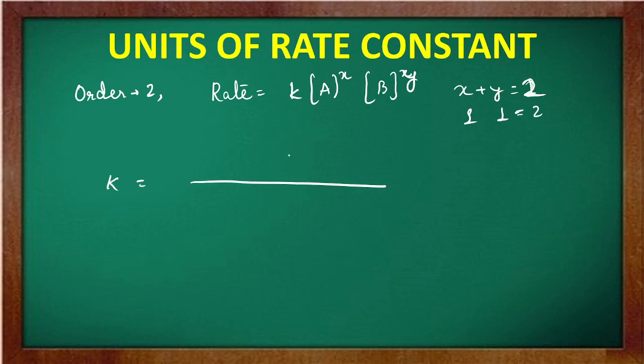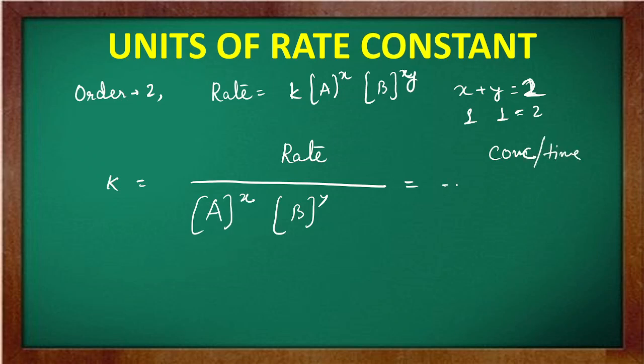K will be equal to rate by concentration of A to the power x and concentration of B to the power y. So now let us solve. Rate is concentration by time, and here again you have concentration, this is concentration, this is also concentration.